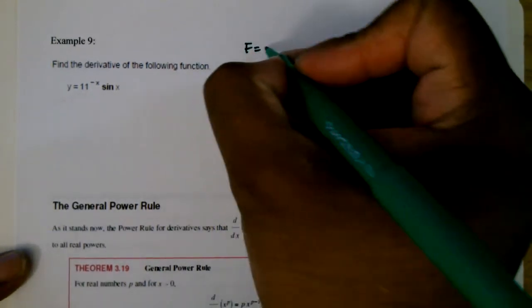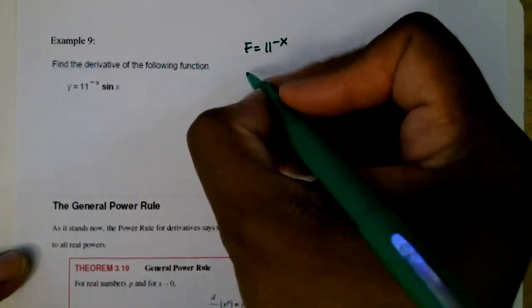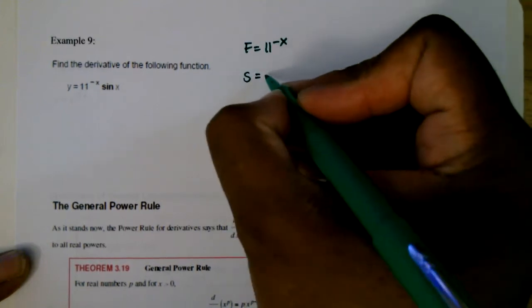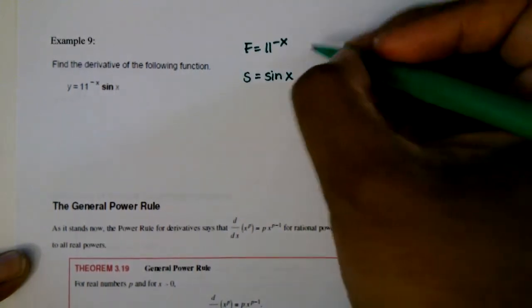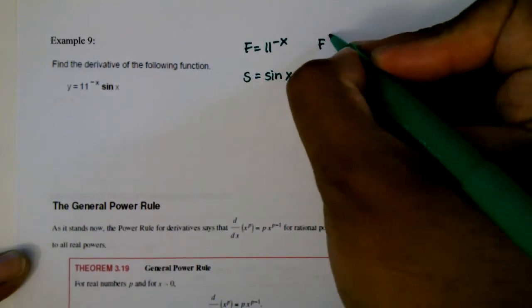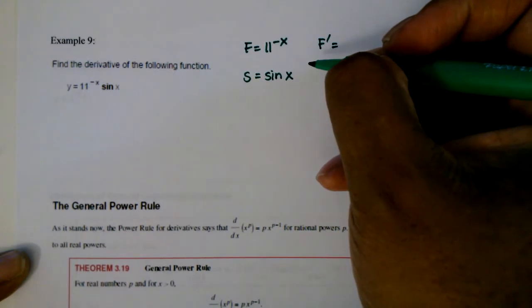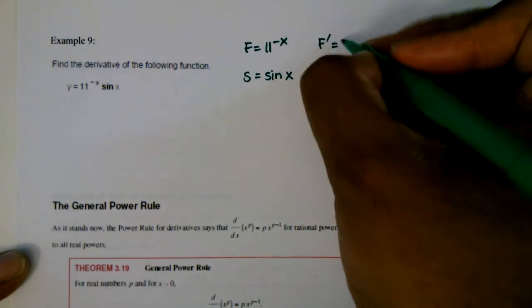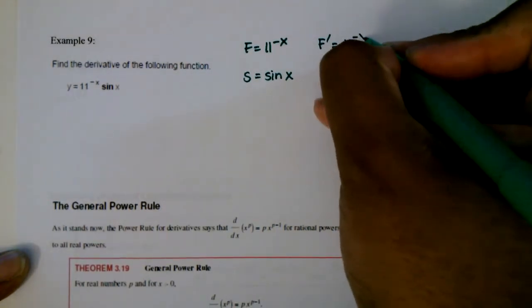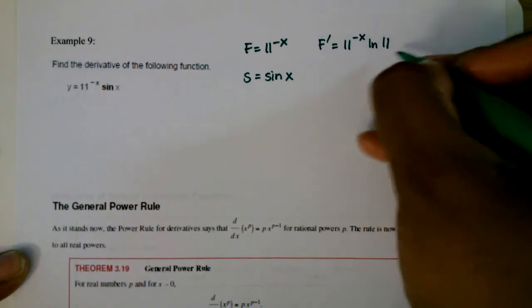I'm going to let the first be 11 to the negative x, and the second will be sine of x. And in this case, the derivative of the first would be this. That's where I use that derivative for b to the x. That's going to be 11 to the negative x times the ln of the base, which is 11.